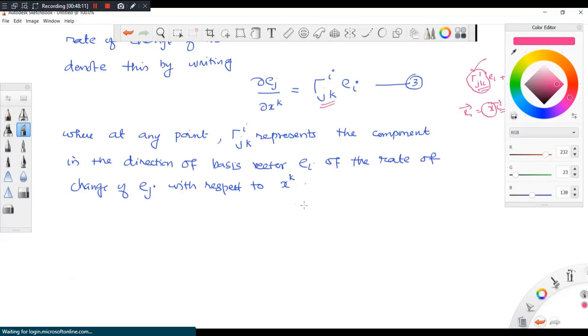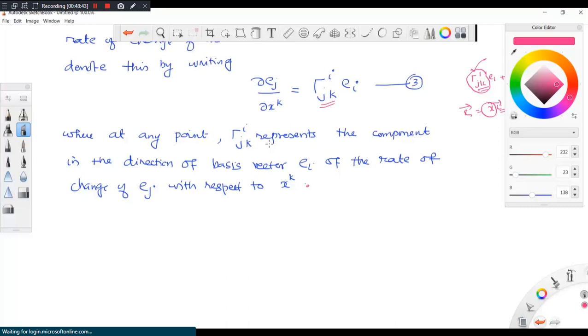Don't think that it is a tensor. You merely take it as a notation, and later one can show that this is not a tensor at all. Gamma ijk means i will take values from 1 to n, j from 1 to n, and k from 1 to n. Then how many total components will there be for this gamma ijk in n dimensions?